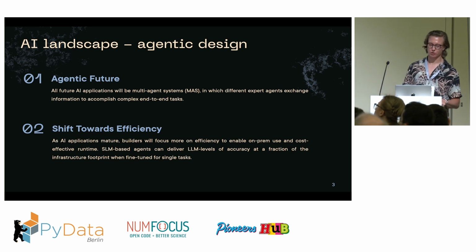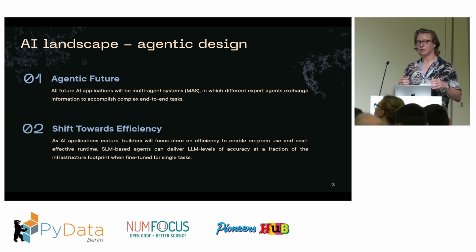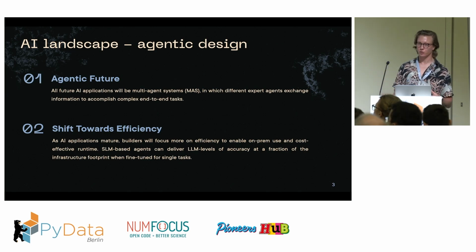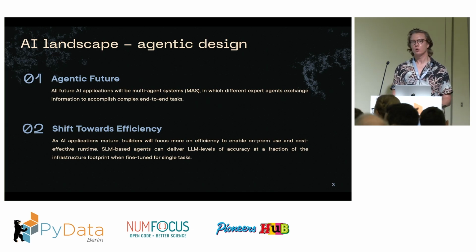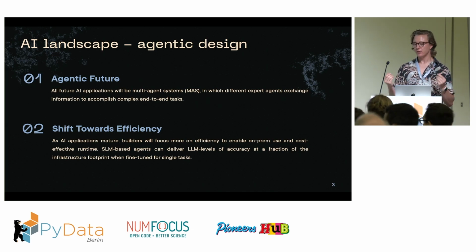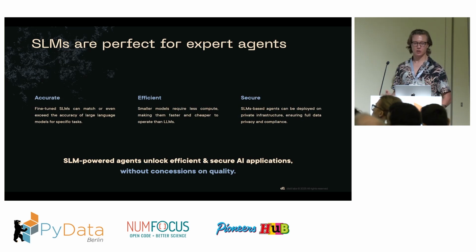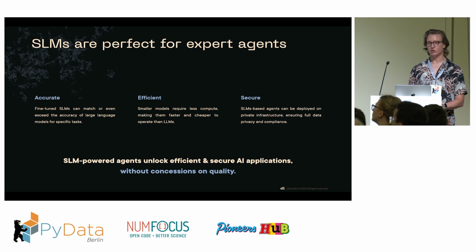That's why we strongly believe that as AI applications mature, there's going to be a shift towards efficiency in terms of local deployment or lower latency. And it's going to be especially visible for multi-agent systems where you chain many language model calls together. And the idea is that SLMs are perfect for expert agents because they are accurate, once you fine-tune them to become an individual agent.